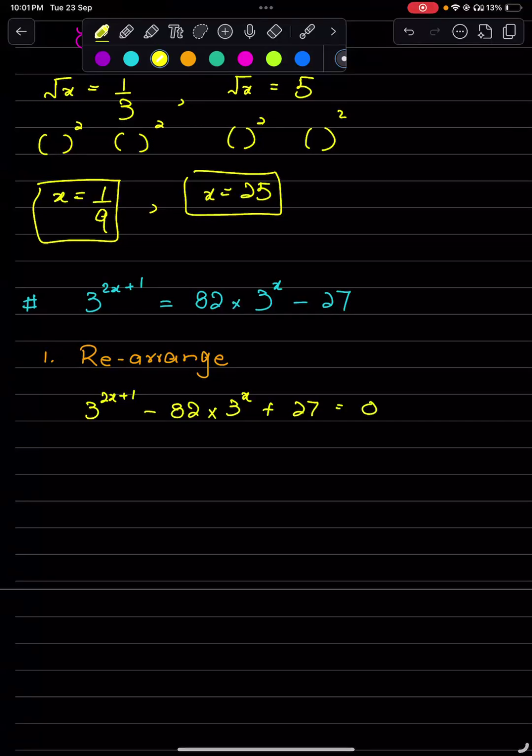Now, please think, which one is my highest power in terms of x, and which one is my second highest power, and how can I assume which term to be some other variable?